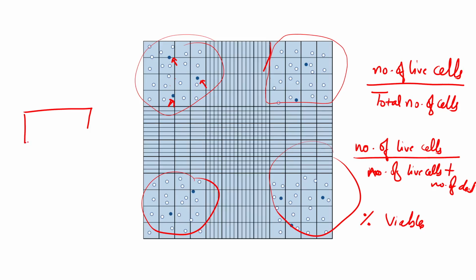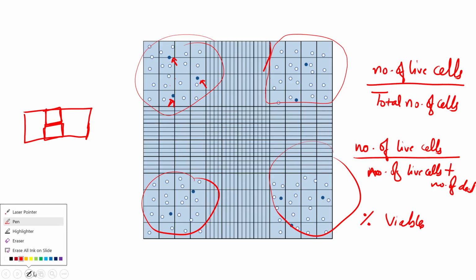So we have a slide, where in the middle of the slide this grid is made. Another set of this whole thing is made in this region.